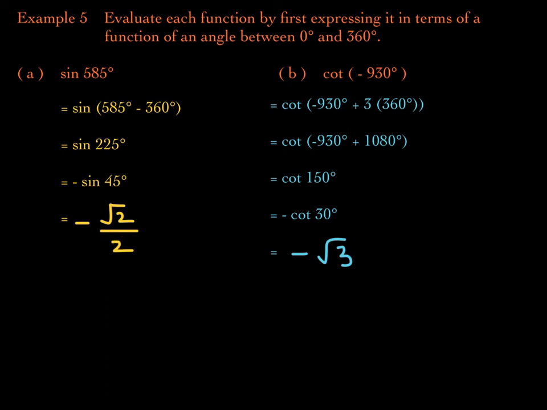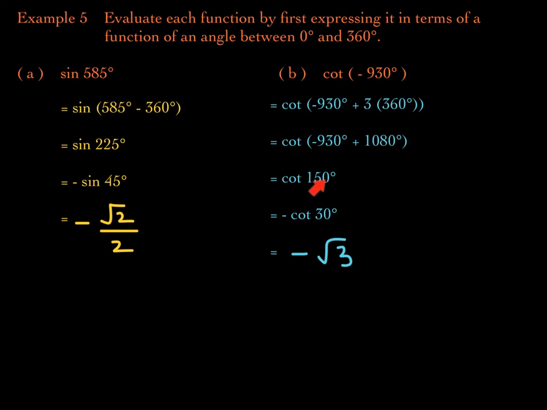For cotangent of negative 930 degrees, I first found a coterminal angle for negative 930 degrees by adding 3 rotations. So 360 degrees times 3, which is 1080 degrees. And when I add that to negative 930 degrees, I get 150 degrees. This is coterminal.